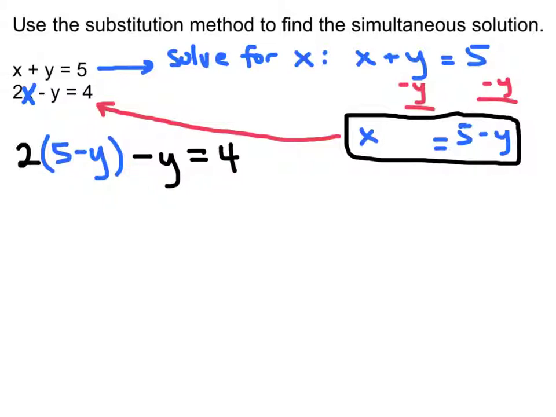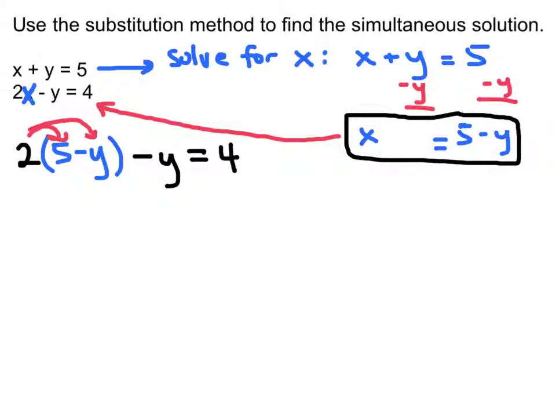So at this point, you notice that you have an equation in only one variable, and these are the equations that we'll try to solve. So if I'm going to solve for y, I'm going to distribute the 2 to the 5 and the -y.